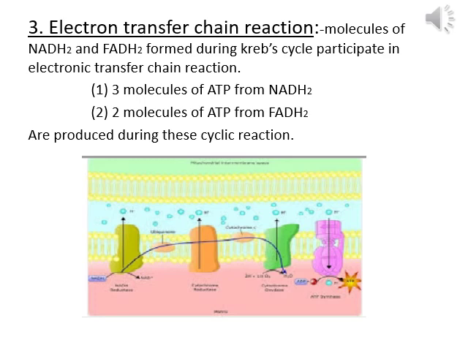In it, the molecules of NADH2 turn into ATP molecules. From each NADH2 molecule, 3 molecules of ATP are formed, and each molecule of FADH2 converts into 2 molecules of ATP in this cyclic reaction.